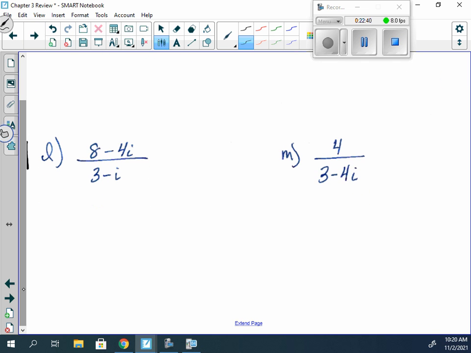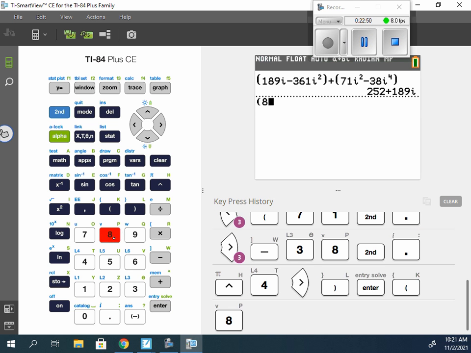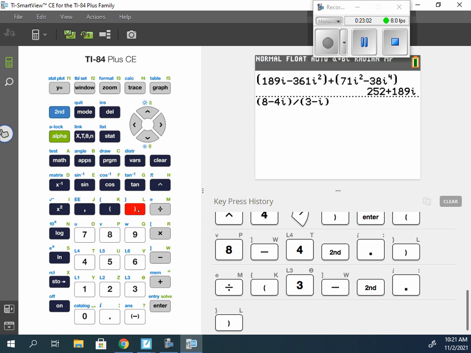So 8 minus 4i divided by 3 minus I. Eight minus 4i divided by 3 minus I. So we have to rewrite it with parentheses in our division.